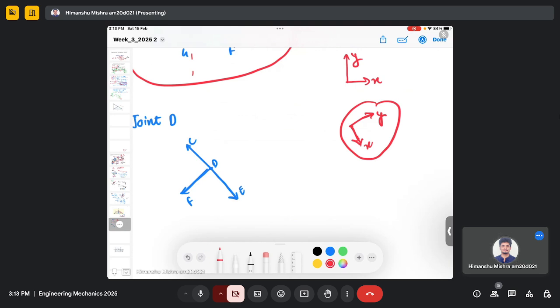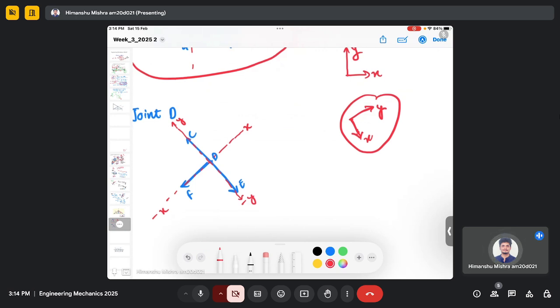So if I describe my coordinate system such that my FD is along the x-axis and DC is along the y-axis, you don't need to consider angles or the components of the forces, because you made a coordinate system along FD and CD. So you don't need to find the component of FD and all.